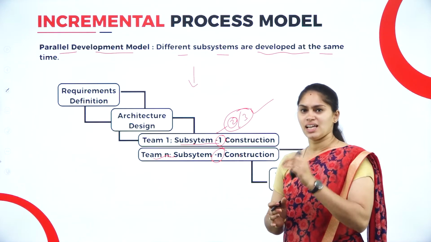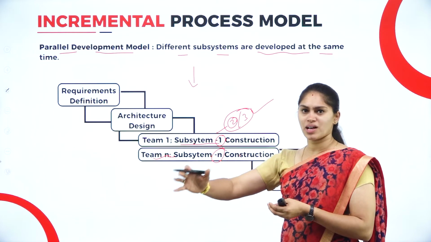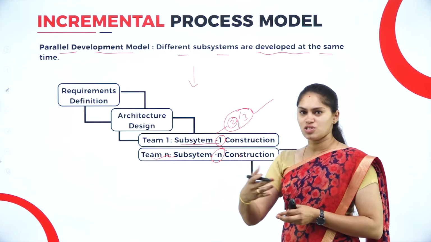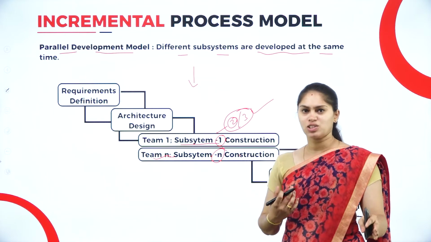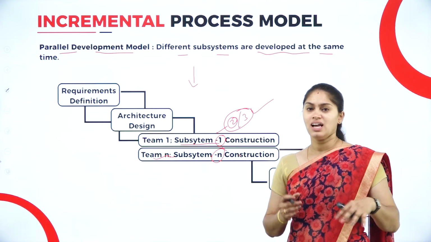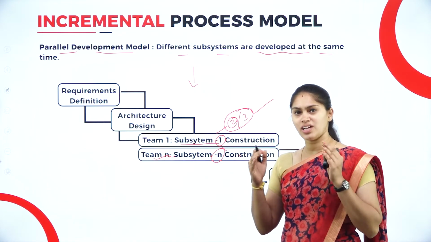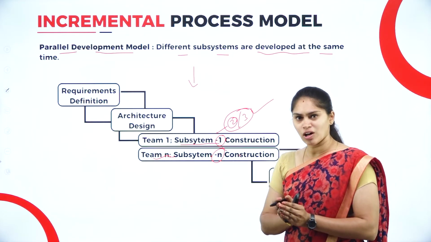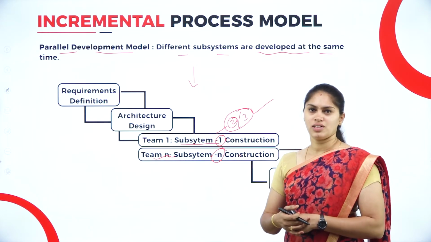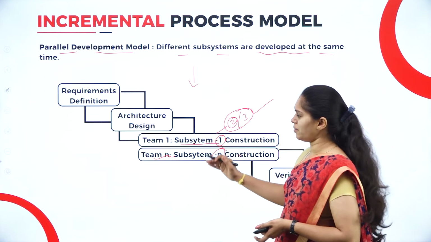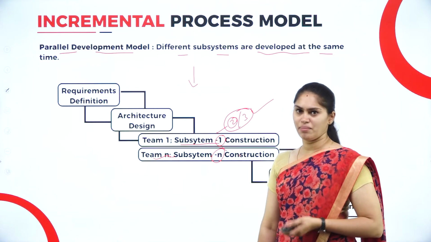In the team of 10 students, I will give 1 mark questions to a particular student, 2 mark questions to another student, and 5 and 10 mark questions to a number of different students, and together they will start working. Then I can get the solution at a time. So I can integrate all the solutions together. So at last we are going to get the solution for my complex problem. That takes place in this parallel development model.